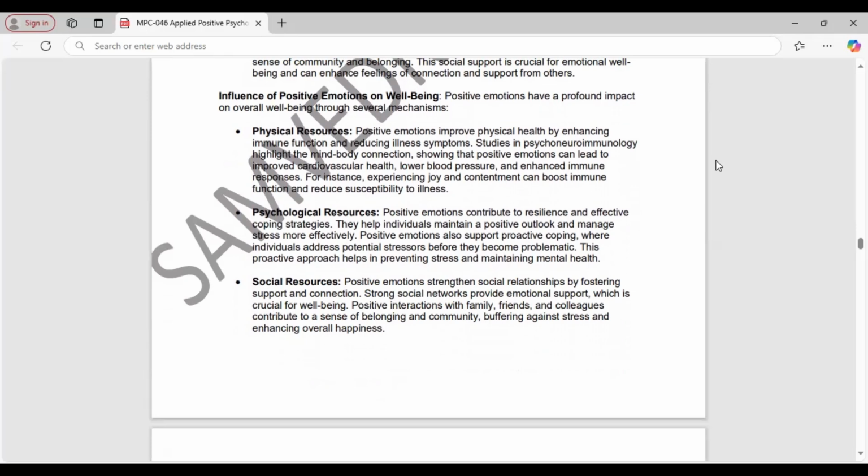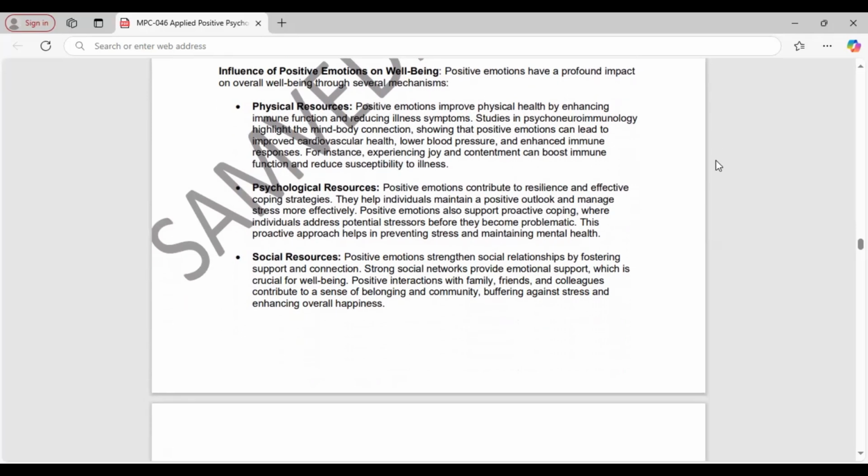Influence of positive emotions on well-being. Positive emotions significantly enhance overall well-being through various mechanisms. Physical resources. They boost physical health by improving immune function and reducing illness symptoms, leading to better cardiovascular health and lower blood pressure. Psychological resources.